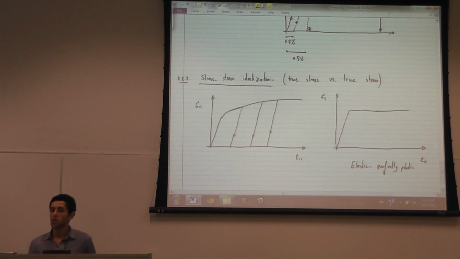I'm going to assume that the stress is not increasing and the material behaves in this elastic, perfectly plastic way. Now all the plastic hinges that you study in structural analysis assume elastic, perfectly plastic because you can just assume the stress is never going to increase, but the strain can increase.